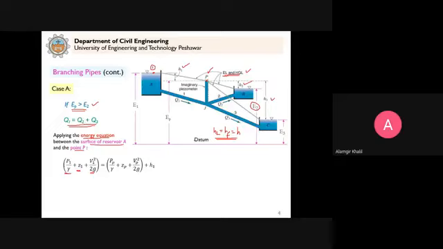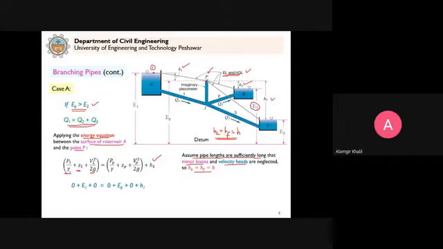Clear? For point 1 and point P, we have this pipe 1 connected, so that's why it is written here as H1. Now when you simplify, this is our assumption: we assume that pipe lengths are sufficiently long, so minor losses and velocity heads are neglected.